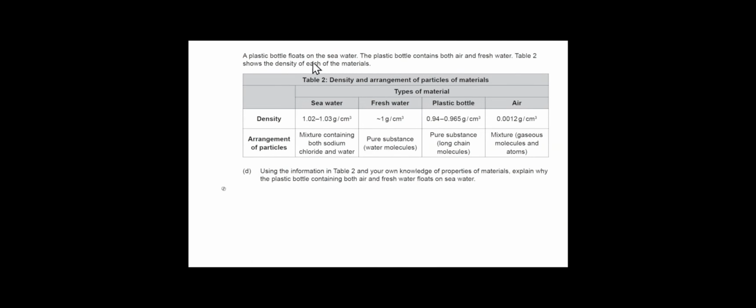Right, so a plastic bottle floats on seawater. The plastic bottle contains both air and fresh water. Table 2 shows the density of each of the materials. So here's the density of seawater. Seawater, because it's got the salt in it and other stuff dissolved in it, is slightly denser than fresh water. Plastic bottle is also about 7 or 8% less dense than seawater.